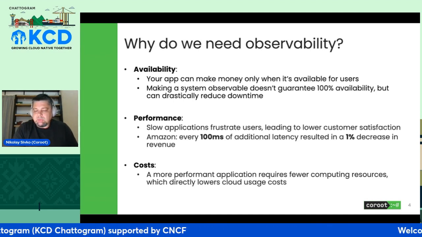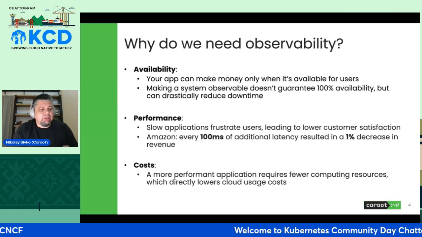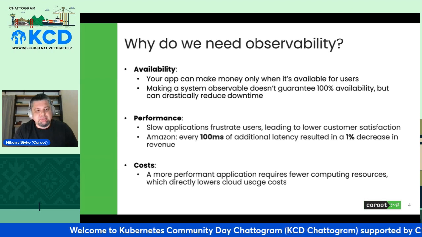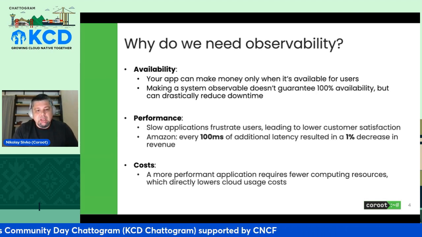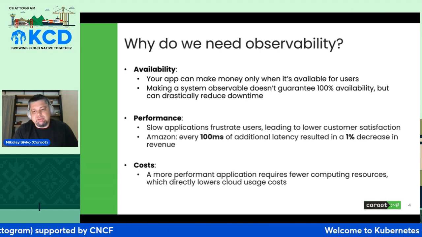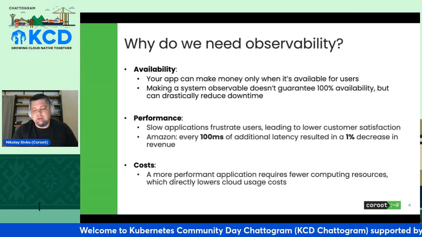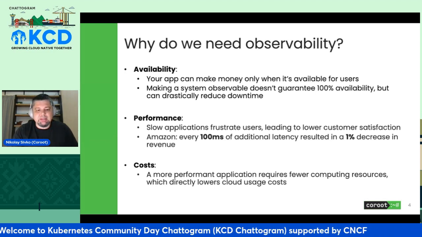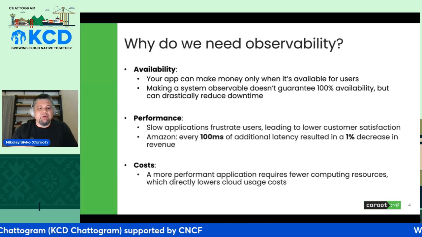I want to highlight 3 points here. The first one is availability. If you're doing online business, we should make sure that our system is available for users. The second one is the performance of our system, because there are a lot of researchers that prove that response time, for example, or application latency impacts our user satisfaction and our revenue at the end.